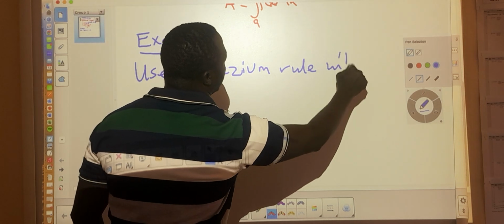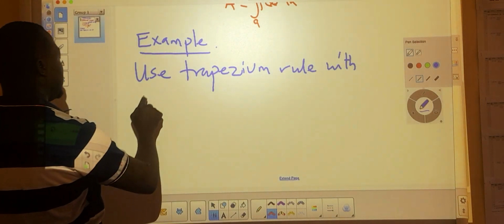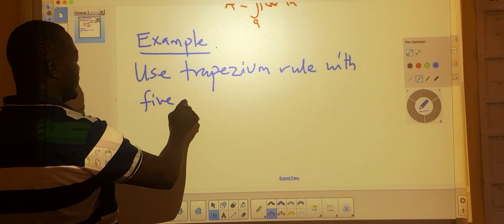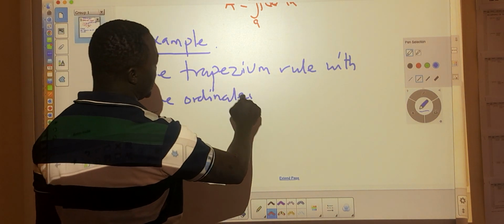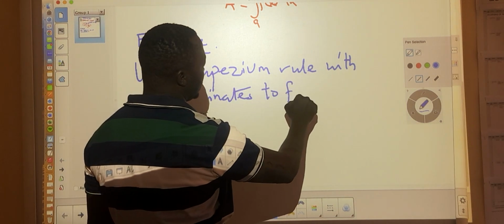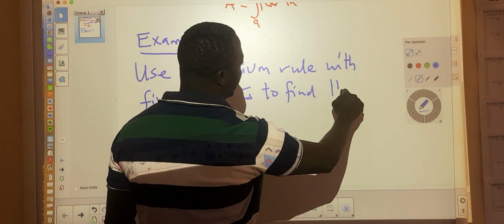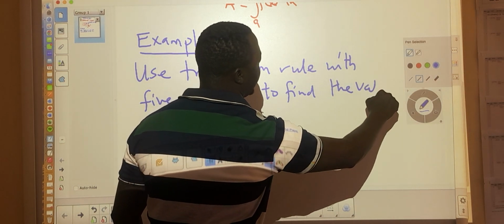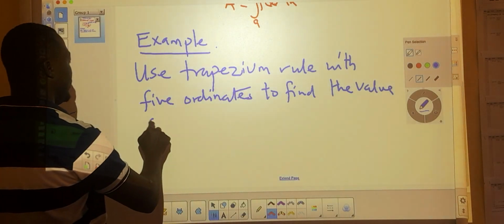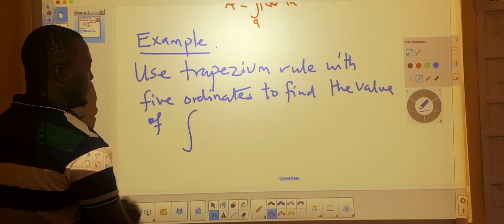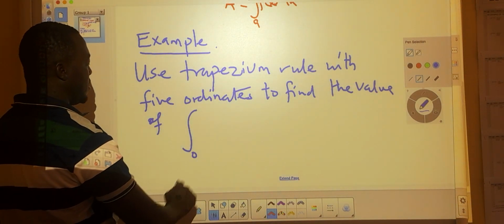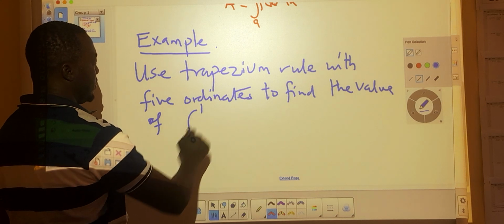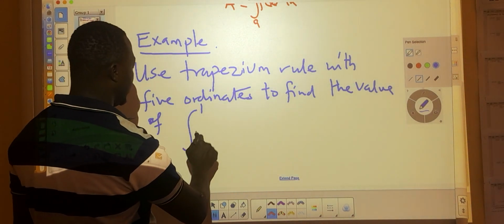Use the trapezium rule with 5 ordinates to find the value of an integral from, let's say, 0 up to 1 of the function f of x.